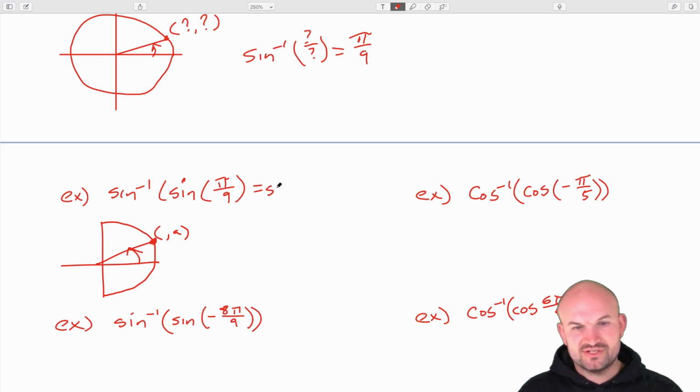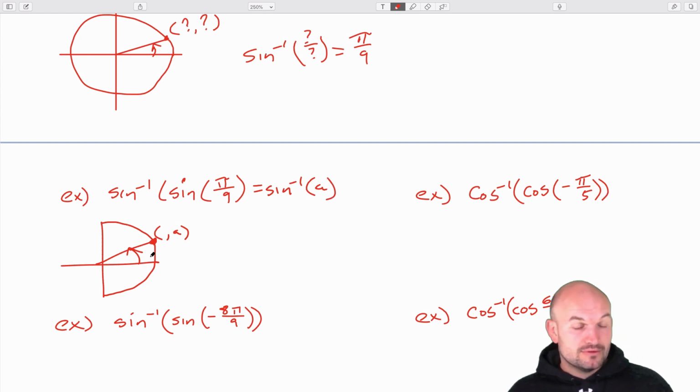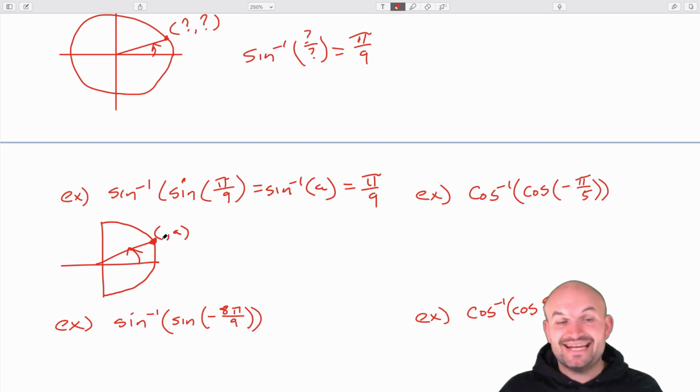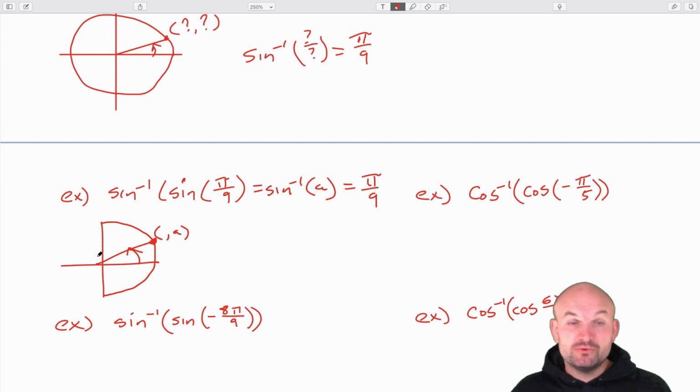Well, again, we need positive A. Sine is only going to match the restriction here in the first quadrant, which is then just going to give us pi over 9. The y coordinate represents that A, and sine inverse of A is just going to be pi over 9. So the nice thing is when you have angles in the first quadrant, the sine and the sine inverse actually undo each other, right?